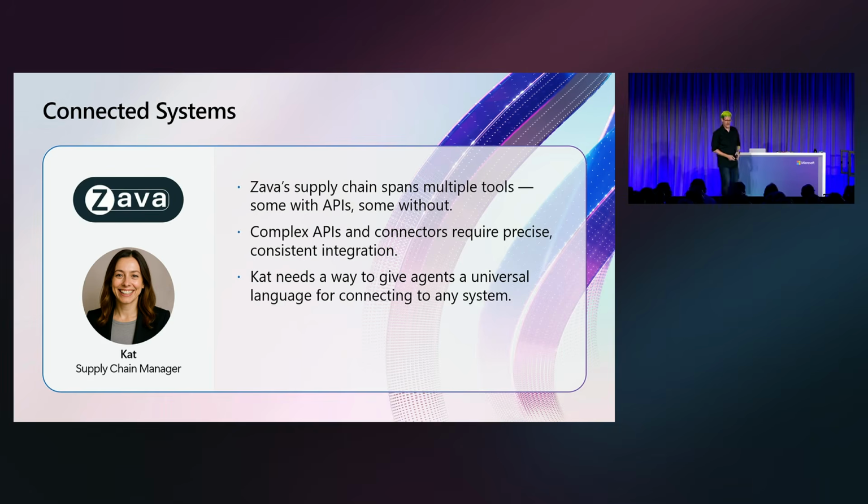And there may be APIs that she's talking to. So she's talking to the inventory system. And there may be ways of logging in, looking at dashboards that she maybe doesn't have an API for. So we need to give Kat a way of our agents interacting with this data.